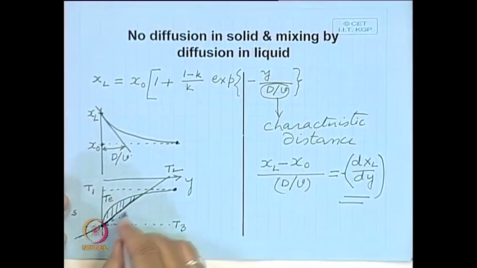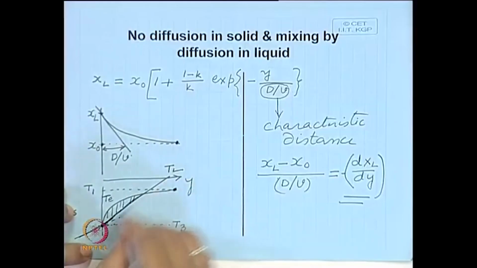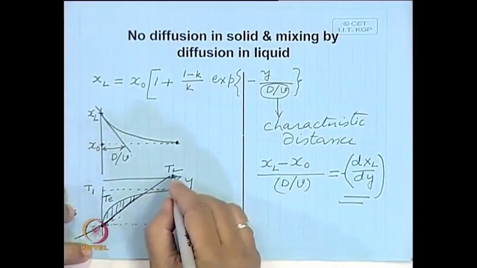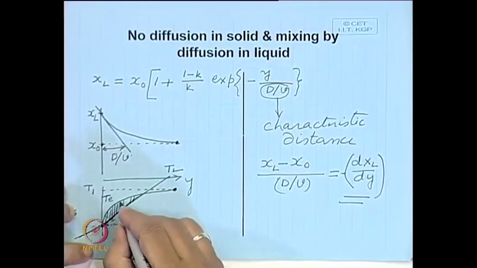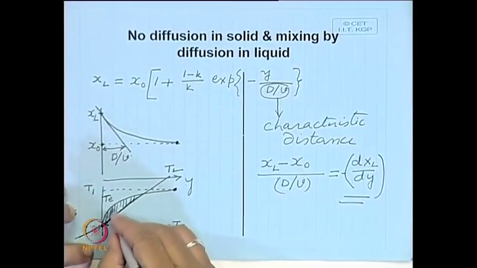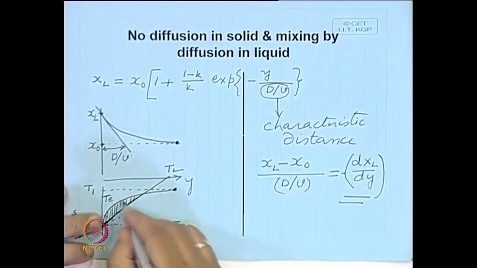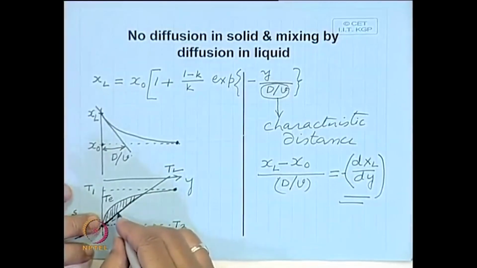Even though the gradient is positive, refer back to the pure metal situation. Unlike that, here even though you have a positive temperature gradient, there is supercooling. So, here you can say that this is where your planar front will be unstable.